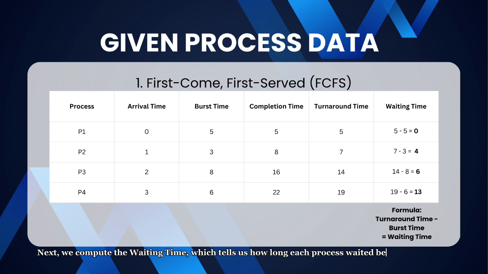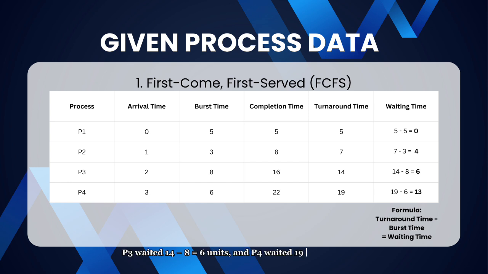Next, we compute the waiting time, which tells us how long each process waited before execution. The formula is turnaround time minus burst time equals waiting time. Applying this, P1's waiting time is 5 minus 5 equals 0, meaning it did not have to wait. P2 waited 7 minus 3 equals 4 units of time.